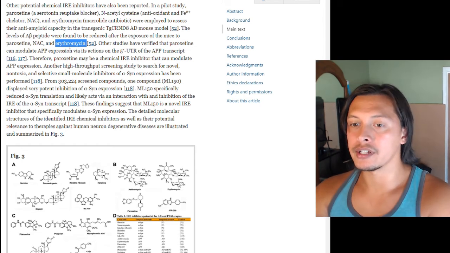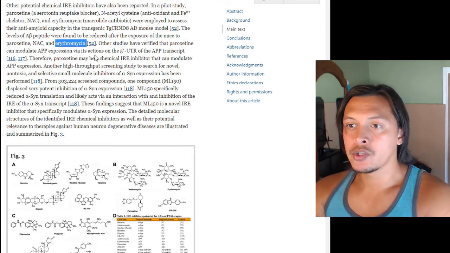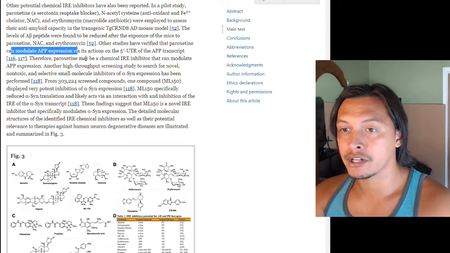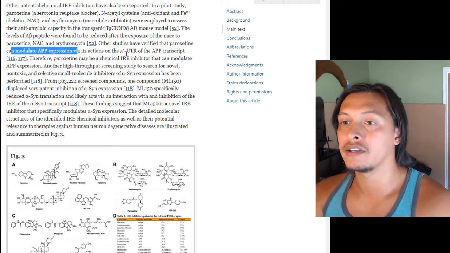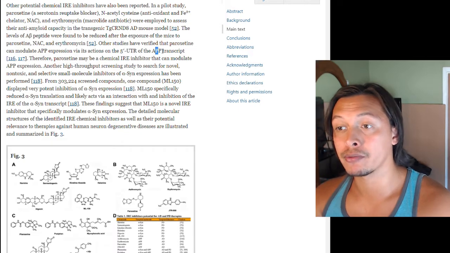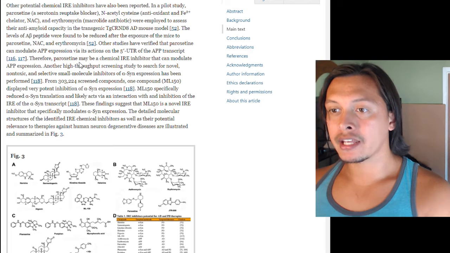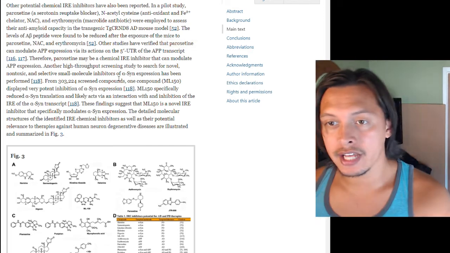Interesting. Okay. So other studies have verified that paroxetine can modulate APP expression through its actions on the 5' untranslated region of the amyloid precursor protein transcript. Therefore, paroxetine may be a chemical IRE inhibitor that can modulate APP expression.